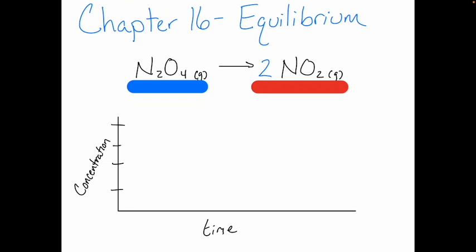Okay? And I'm going to start this experiment here with only reactant in my flask, right? So I have some reactant and my concentration of product is 0 at like my T equals 0 at the very beginning of this experiment here, right? So at the very start, I have all reactant, no product.